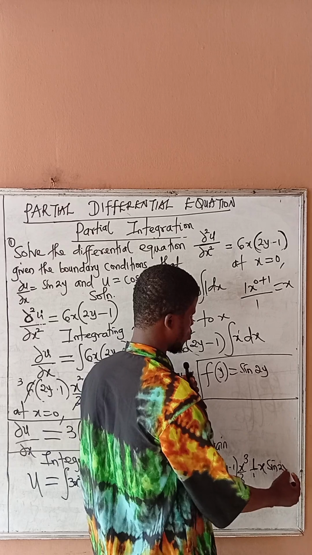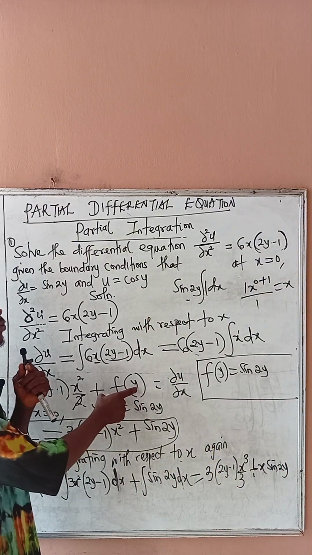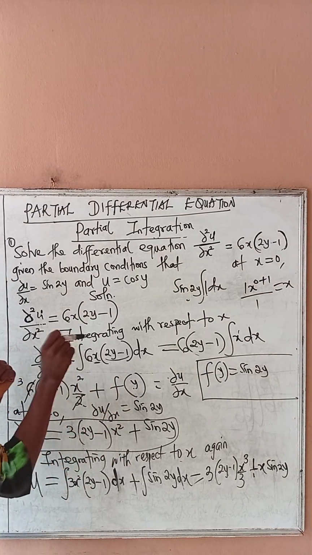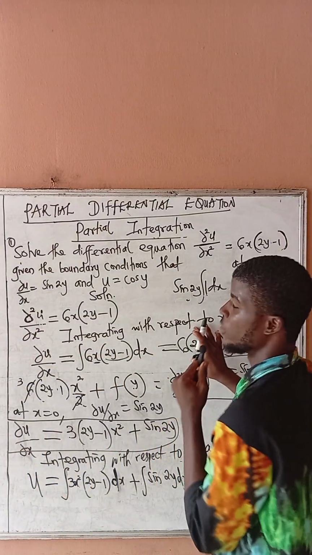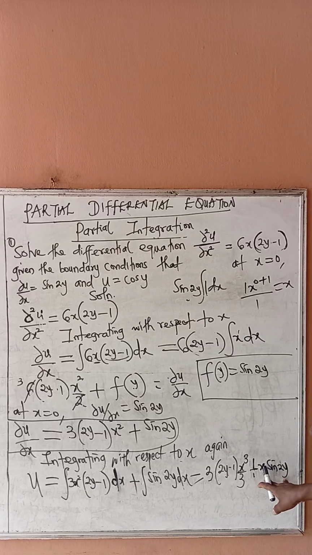When we performed this integration, we added f of y. And the reason for adding f of y is that the variable considered as a constant in this integration is y. So it is still y that is considered a constant here. I'm going to add another function of y.